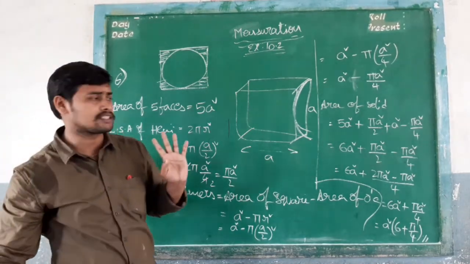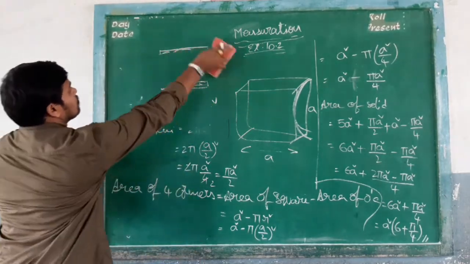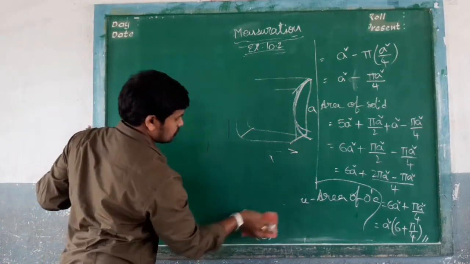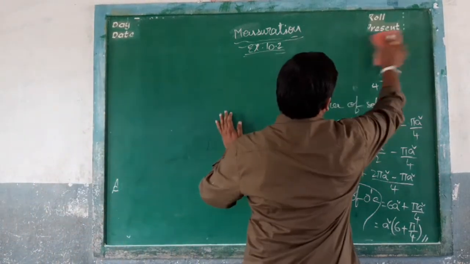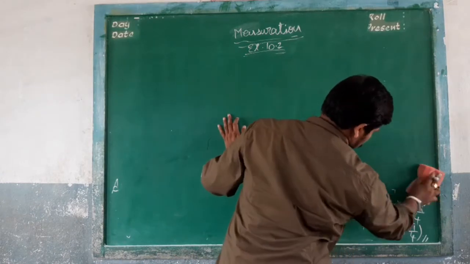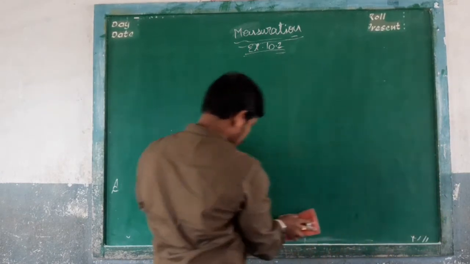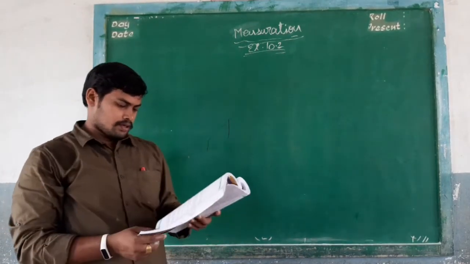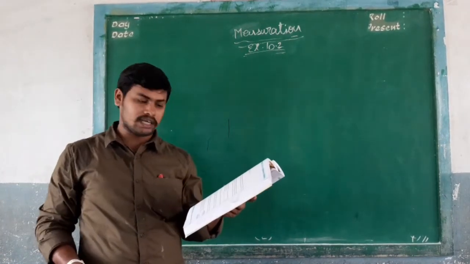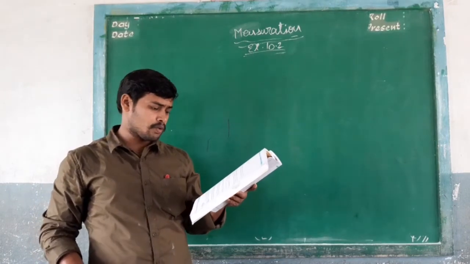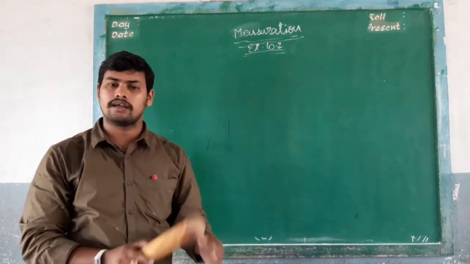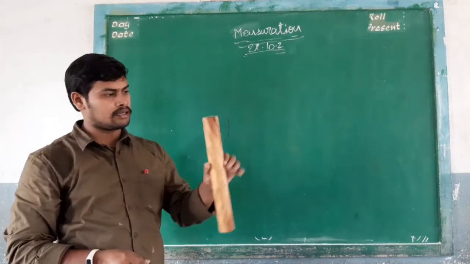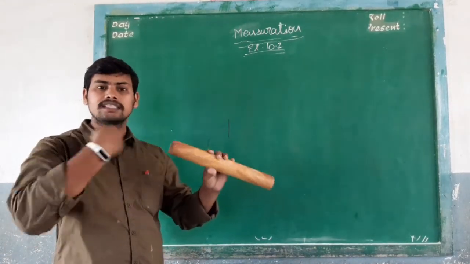Okay, last and final step. A wooden article was made scooping out a hemisphere from each end of the solid. In the previous sum, scooping from the cube. In this sum, you have to scoop from the cylinder.